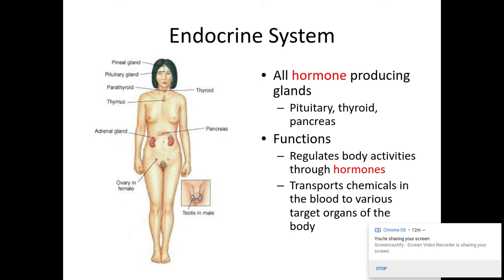So it basically allows for that balance. If your pancreas isn't functioning properly, like someone who has diabetes, if you have high blood sugar, there's no insulin production. Again, we'll get into this in more depth when we go over that, but just know that it's responsible for regulation of a lot of the organs.